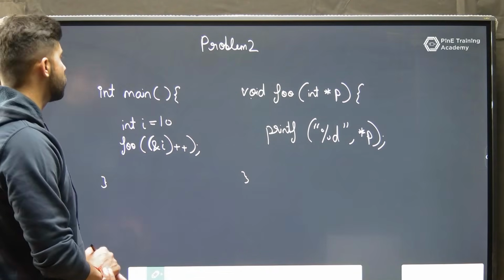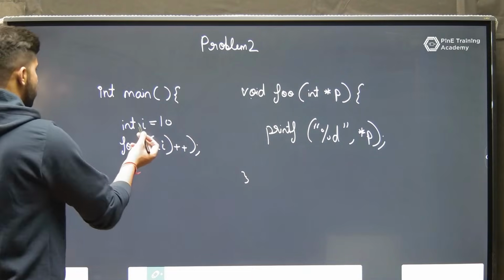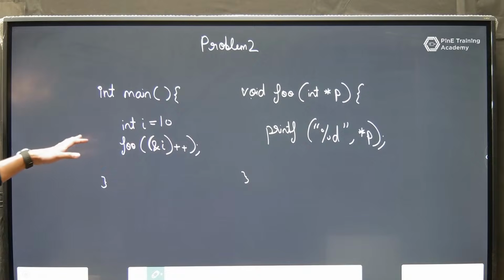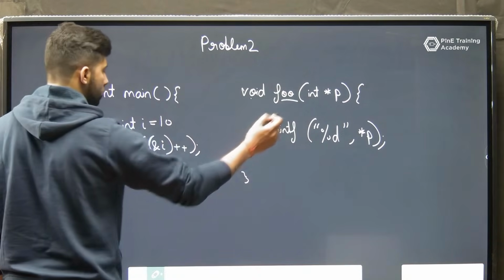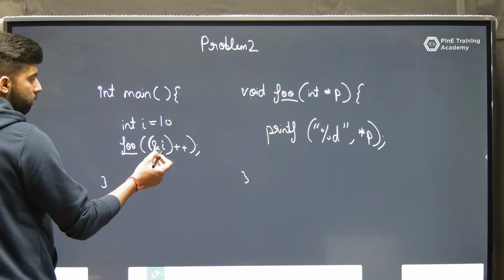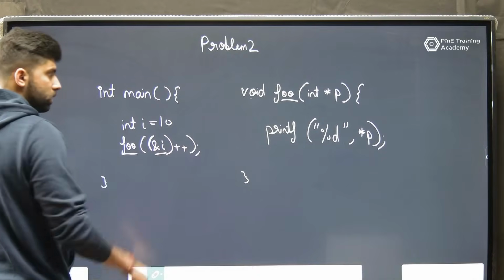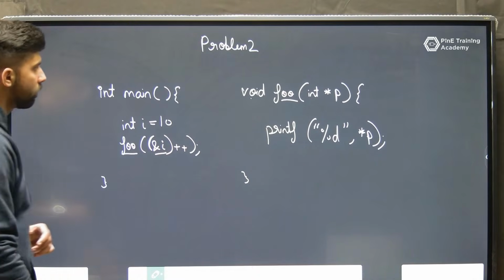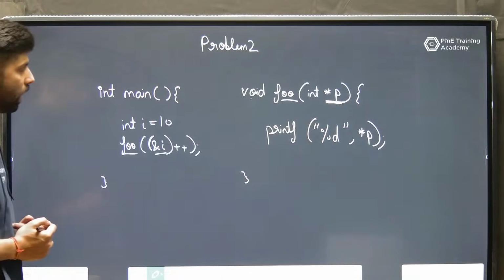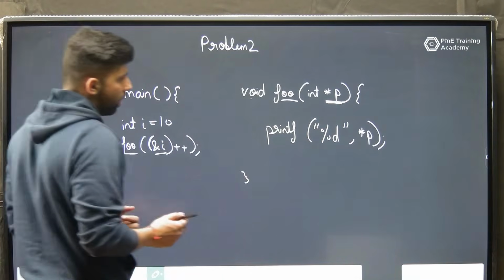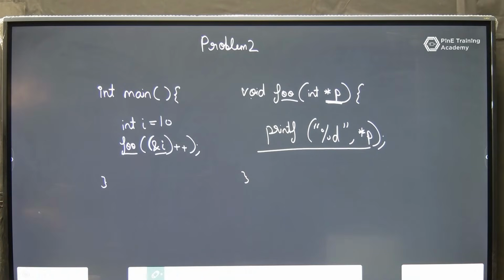Look at this problem very carefully. I have I equals to 10. Then I'm calling this function foo, where I'm trying to write address of I plus plus. And here I am receiving it as a pointer and I'm trying to print the asterisk p.